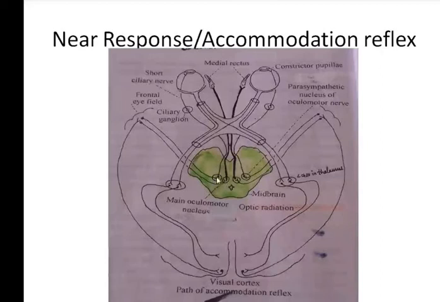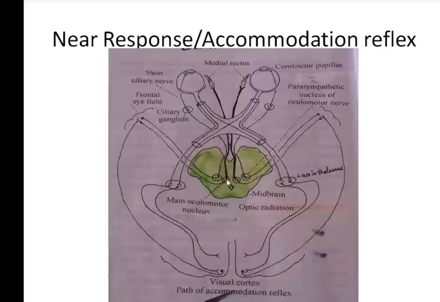Okay, this is the parasympathetic component of the oculomotor nerve, and this one is the motor third cranial nerve. And from the parasympathetic division, through the short ciliary ganglia, short ciliary nerves, it is going to the constriction of pupil. Okay, the constriction of pupil will be going on from here.